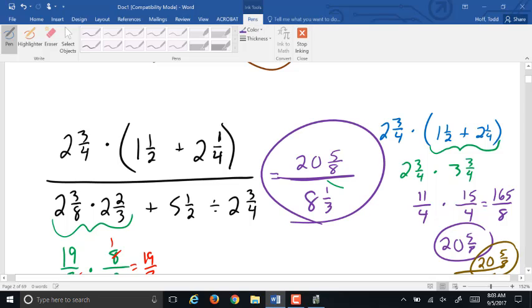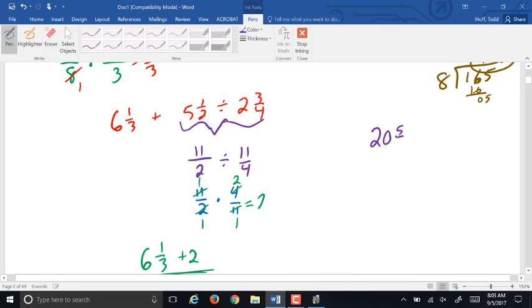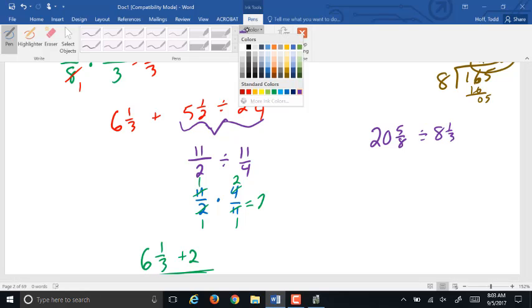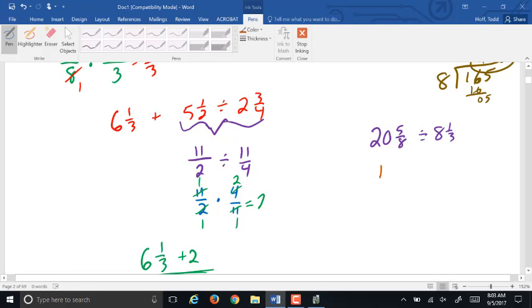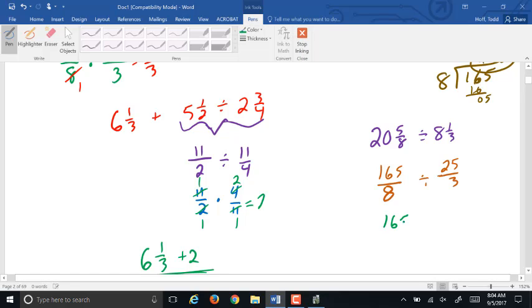So we've got 20 5/8 divided by 8 1/3. Well, 20 5/8, we're going to turn that back into 165/8. 8 1/3 is 25/3. So we're going to take the reciprocal of the 25/3, that becomes 3/25.